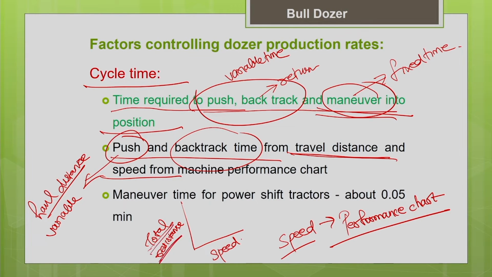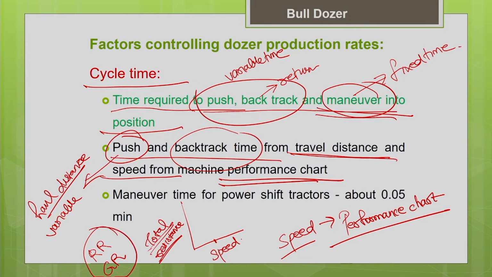Based upon the total resistance, you can find what is the speed possible for that particular project condition from the performance chart. You can refer to the previous lecture to collect the information regarding this. Basically, if you know your project conditions, that means the total rolling resistance in your site, which depends upon your terrain condition, and also if you know the grade resistance, whether you are going up the slope or down the slope.